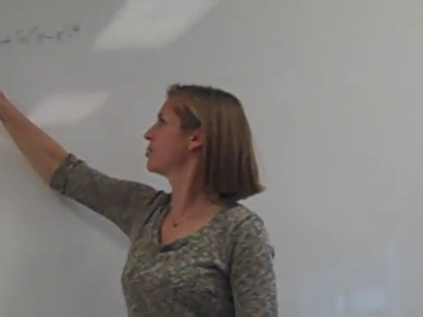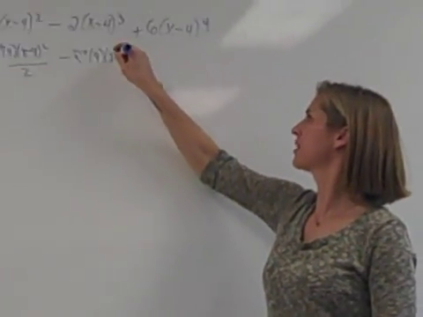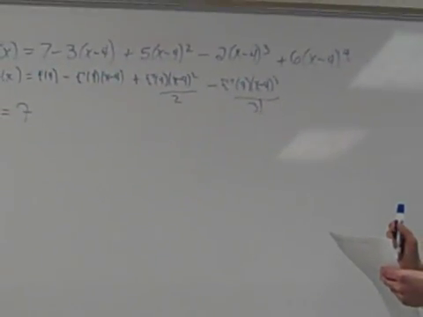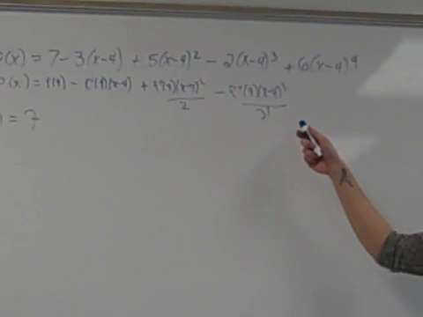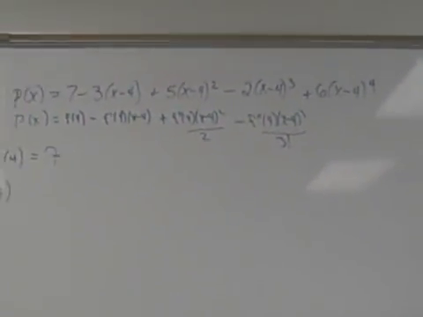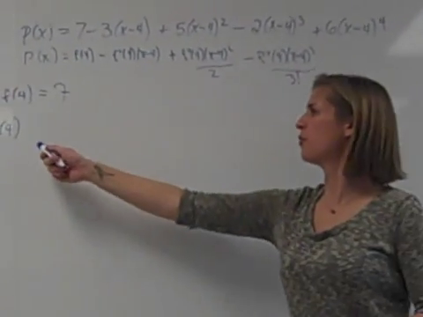This is supposed to be f triple prime of 4 times x minus 4 to the third over 3 factorial. And so on. I only went up to this point because that's all I needed to figure out f triple prime of 4. So these two terms are supposed to match.